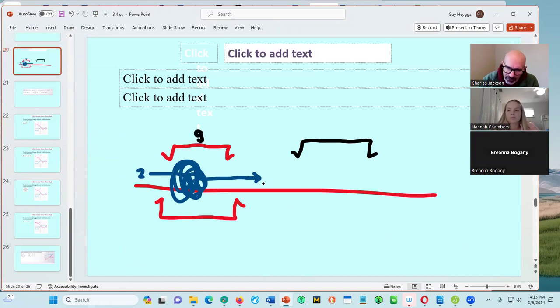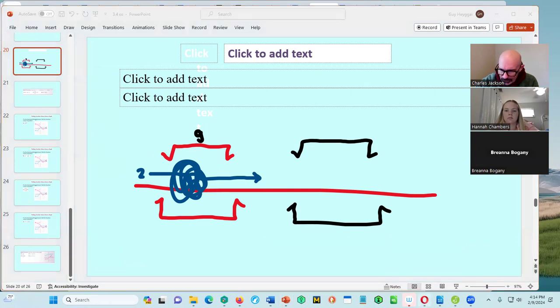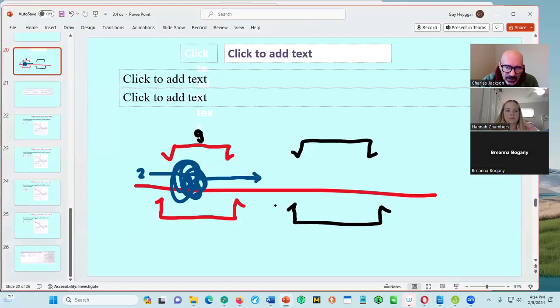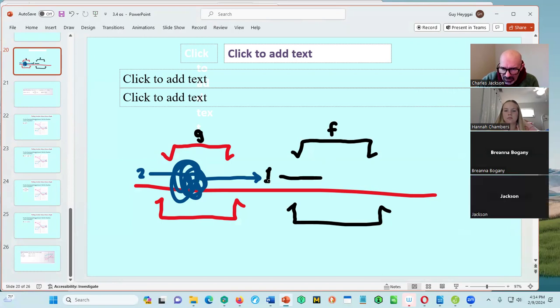The output of the first machine becomes the input for the second machine. So out comes another number. That number might be 1. And then 1, we're going to run it through f. And so f takes that 1, does something with it, and spits out exactly one number.